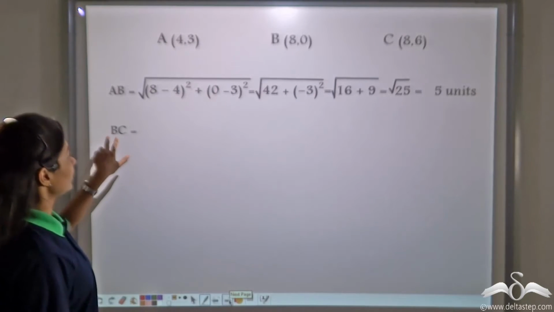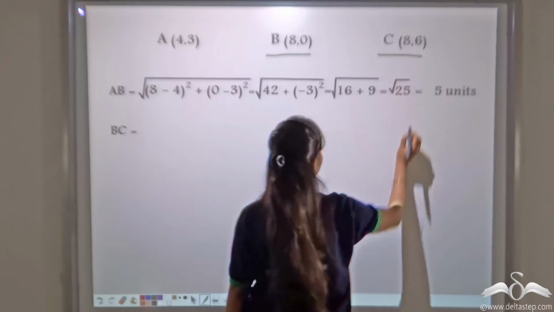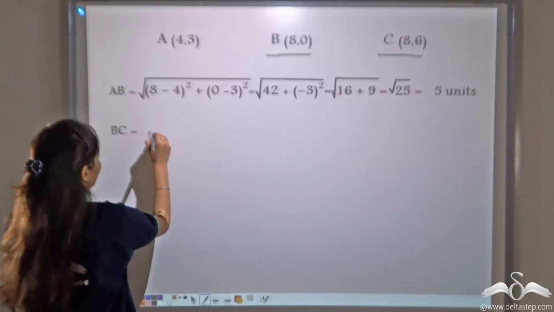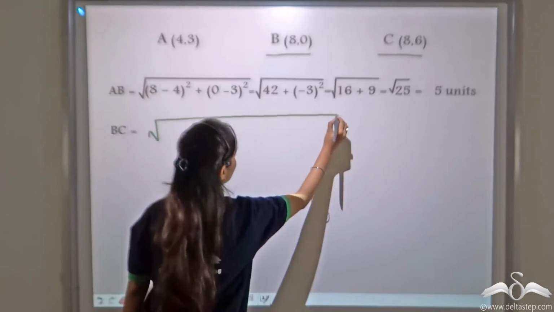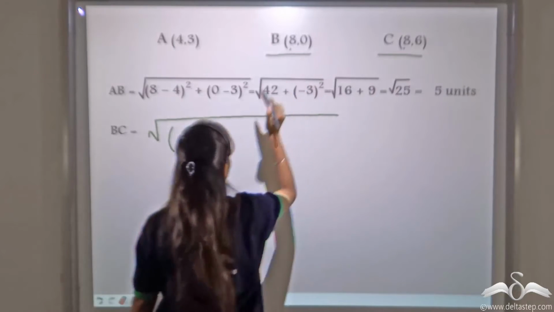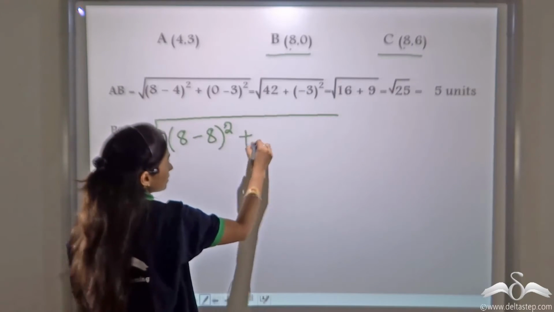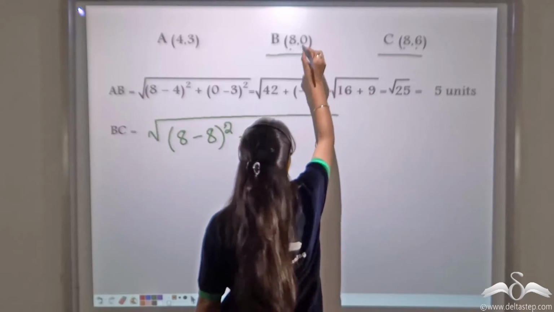Now we need to find BC, that is the distance between B and C. So we will find it by root over (x2 minus x1) whole square plus (y2 minus y1) whole square.